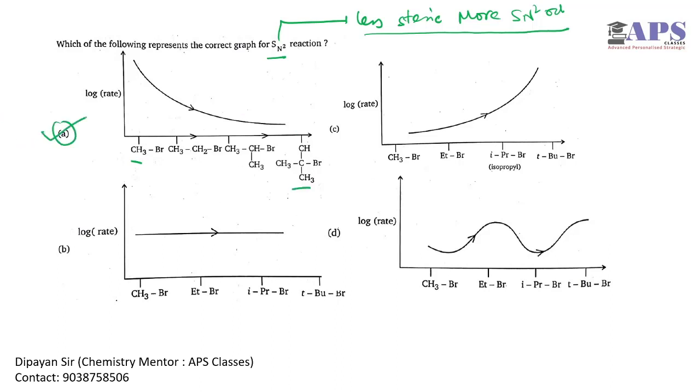So it is clear that the answer to this question is going to be option A, because with the increase of steric hindrance, the rate of the reaction will decrease, and if the rate of the reaction decreases, then obviously log of rate will also decrease.